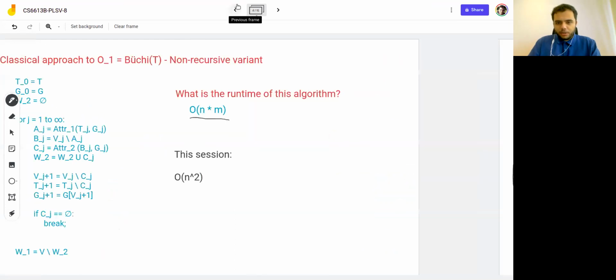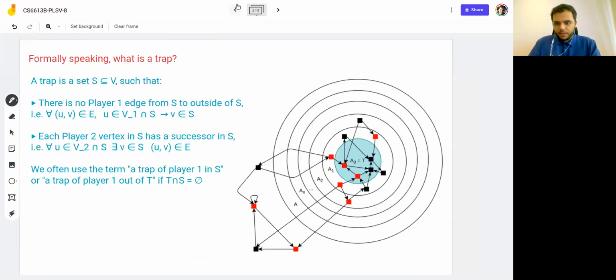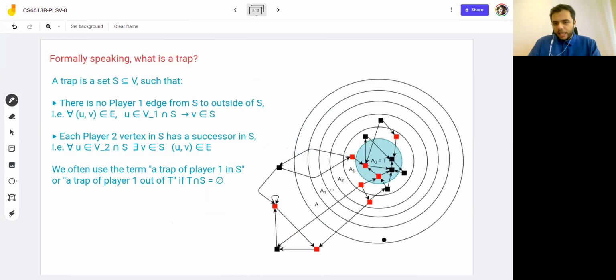Because again, going back to our reachability algorithm, anywhere in the attractor, we know that player 1 can reach T. And when we get the complement of the attractor, this is the largest possible trap, right? Because anywhere outside of this trap, player 1 has a way of reaching T.